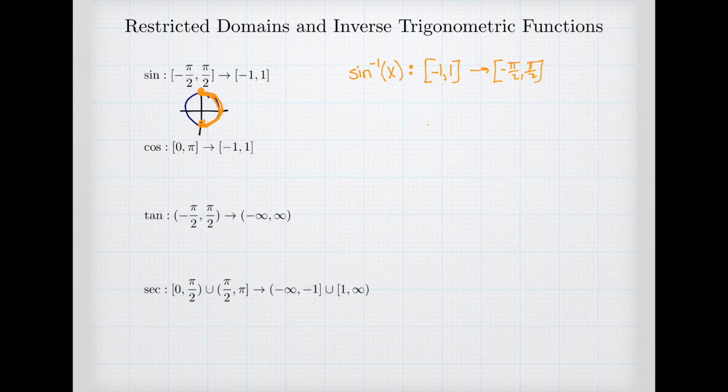The idea of an inverse function says you give me a y-coordinate on the unit circle, and I'll give you back the angle that will give you that value. So if you tell me a y value on the unit circle, the arc sine will give me the inverse function.